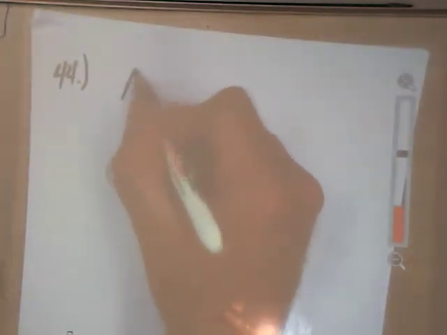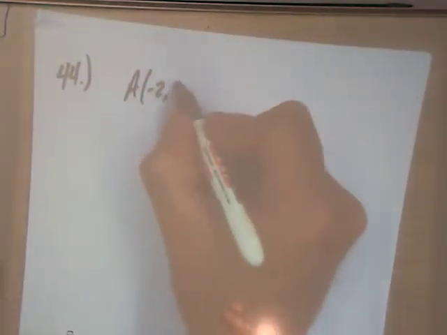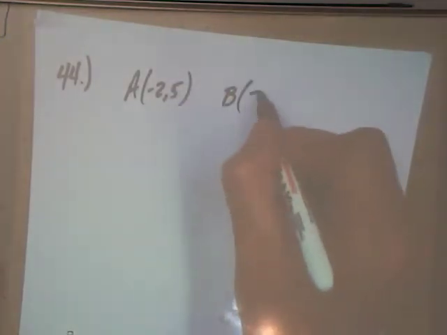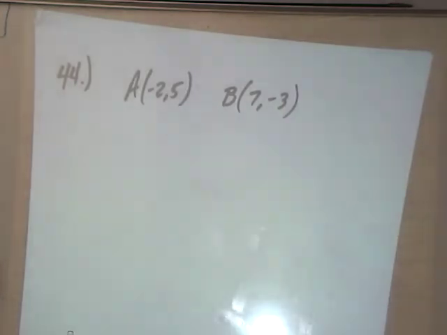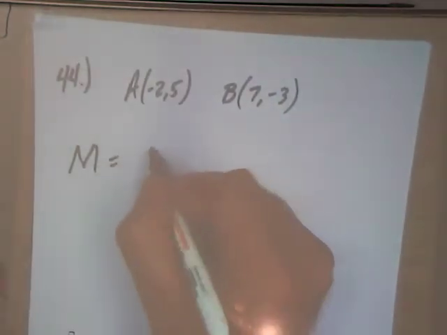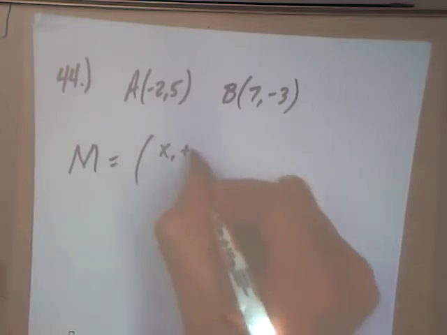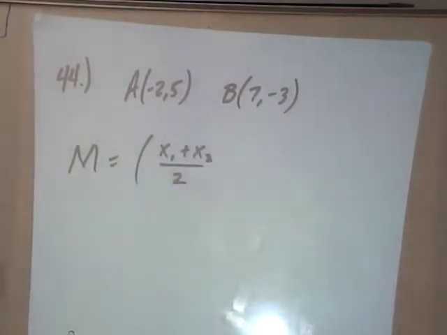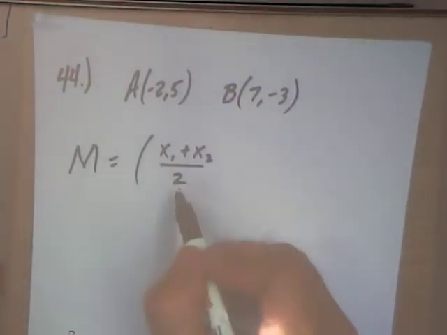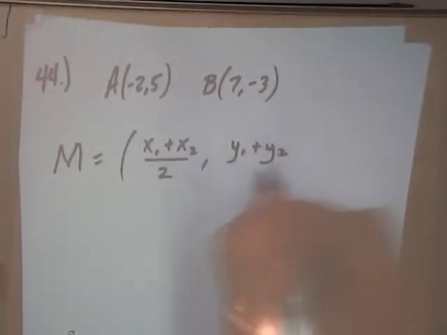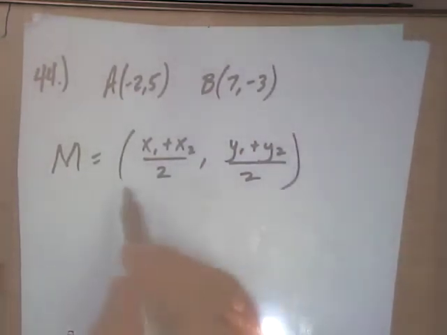That gives us point A (-2, 5), B (7, -3), and they want to know the midpoint. The average of the x's. Think about the midpoint like an average, right in the middle, right? So we're going to add up the two x's and divide by 2, and then add up the two y's and divide by 2. And that'll be my midpoint.